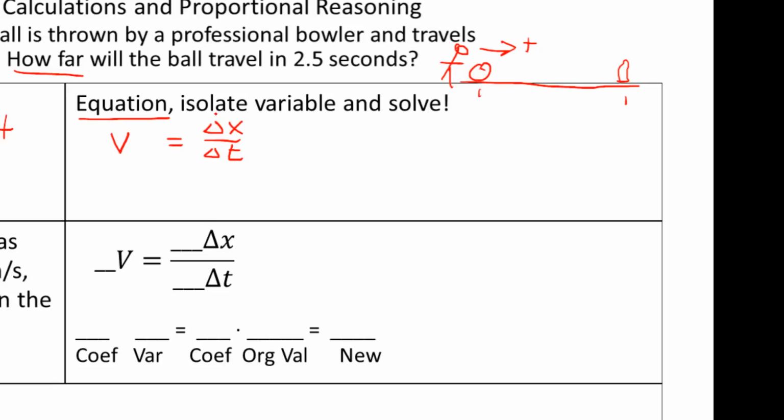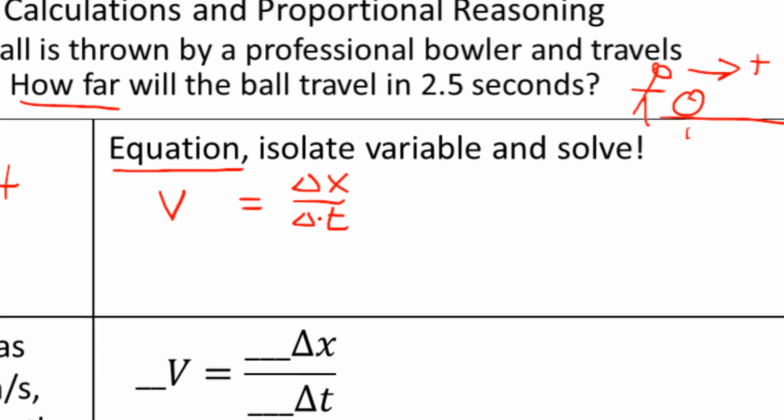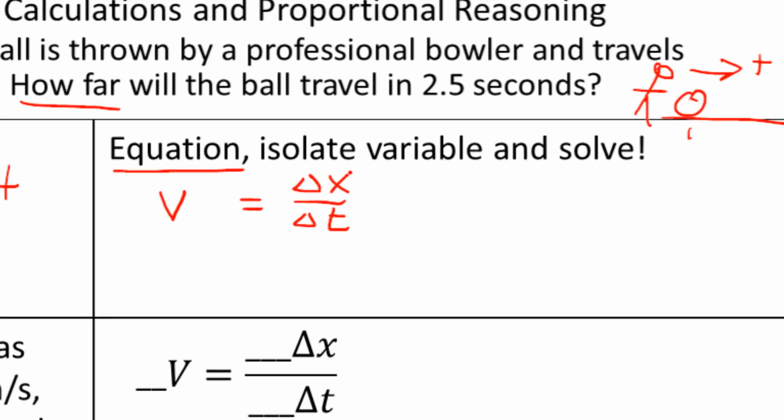What I'm interested in doing now is isolating the variable we want to find, our displacement. To take care of that, I'll multiply each side by t, or delta t. Those cancel. So I have velocity times my change in time is equal to my change in position.